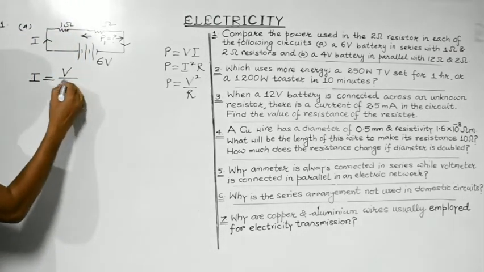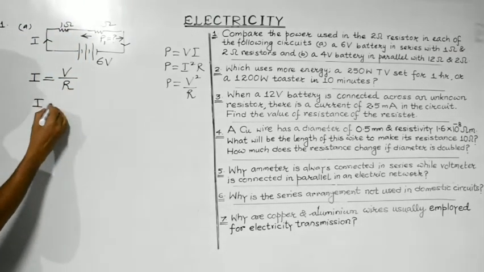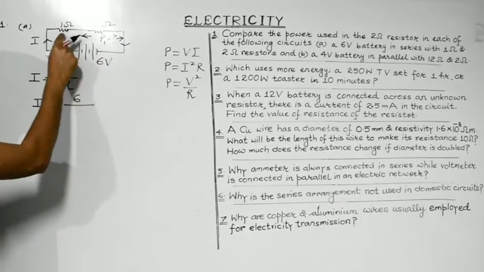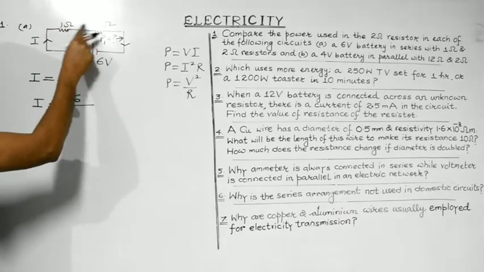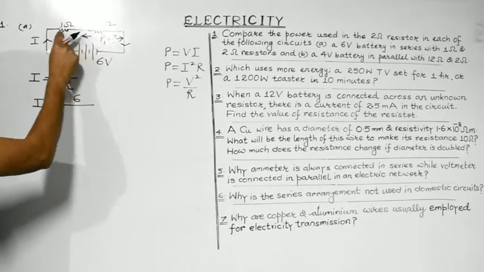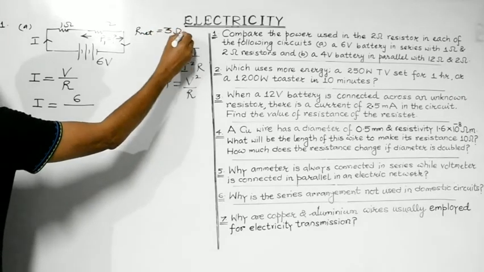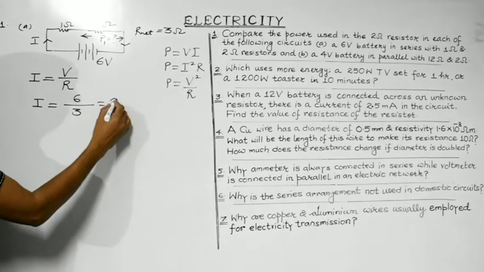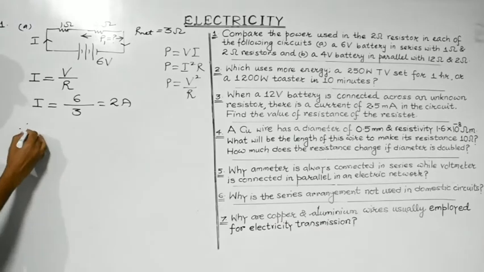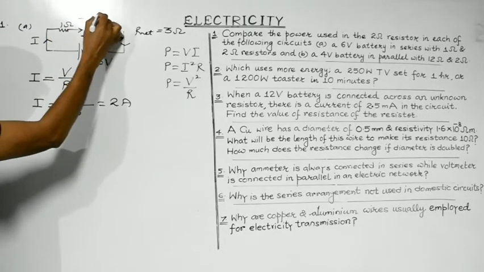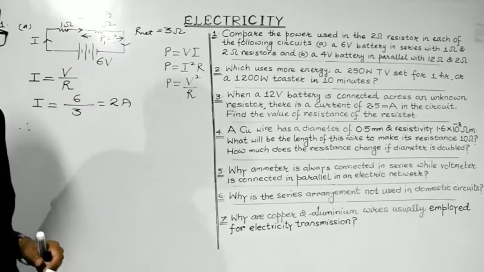So V by R. So net current flowing would be, net potential difference would be 6, and net resistance of the circuit, these are connected in series, so 2 plus 1. So net resistance in the series would be 3 ohm. So current is 2 ampere. Therefore, current across each of these 2 resistors is 2 ampere as they are connected in series.